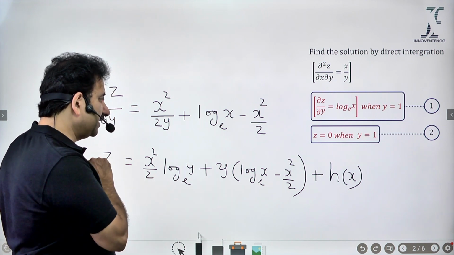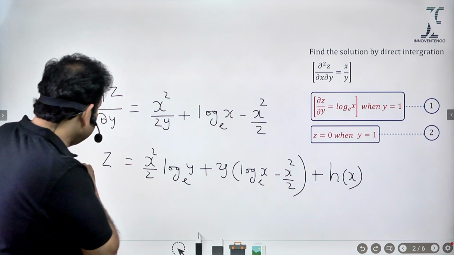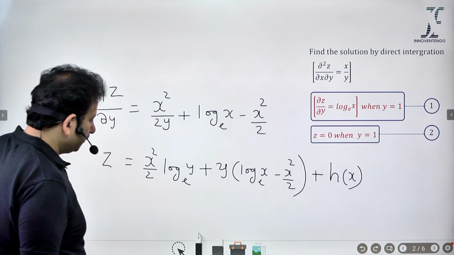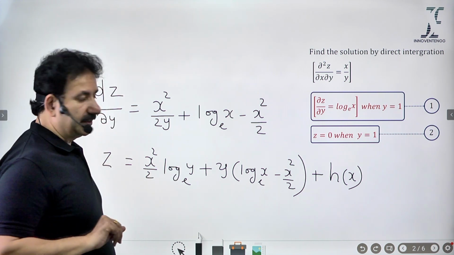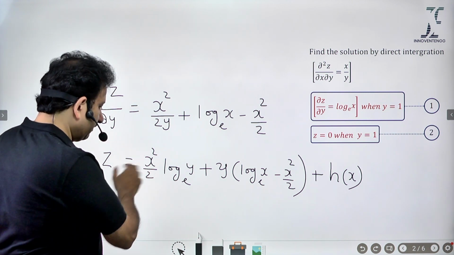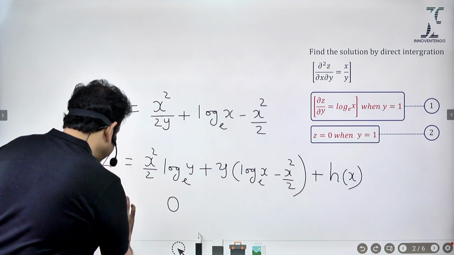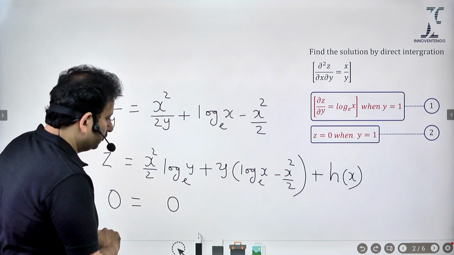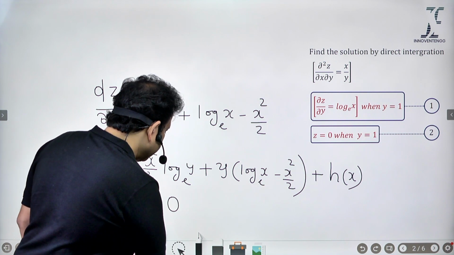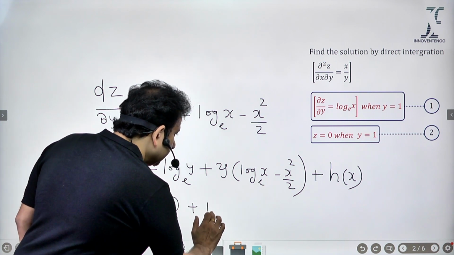So now it is given that when y is equal to 1, this is going to go to 0. So what happens to the first term? Log 1 is always 0, whatever be the base. So therefore that simply goes to 0. Z is given to be 0 when y is equal to 1, and y here becomes 1, and then what happens?